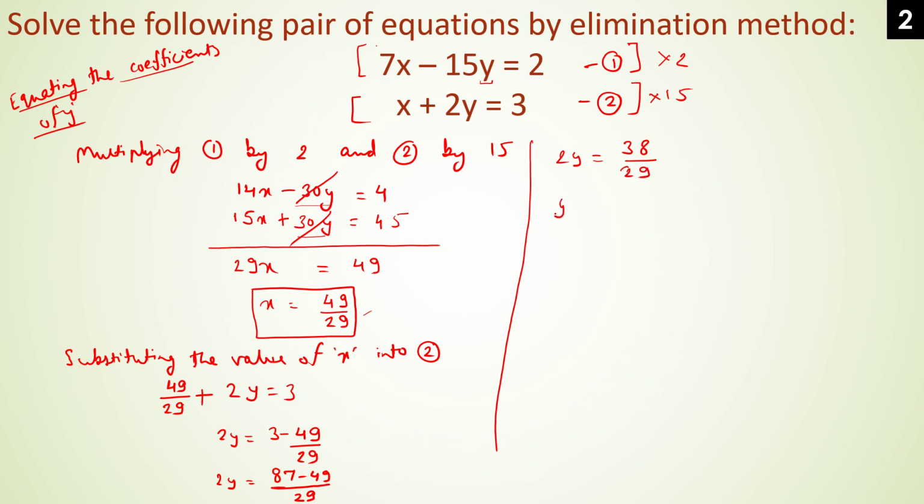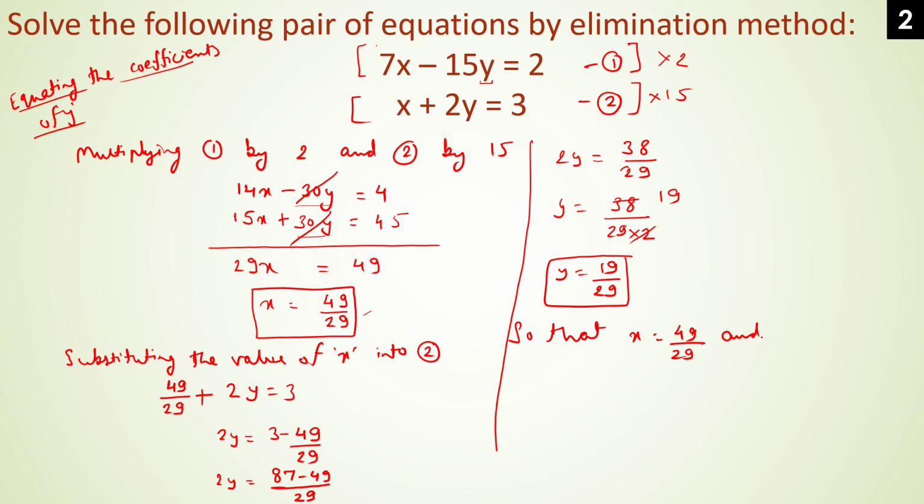So the value of y will become 38 by 29 into 2, which is 19 by 29. So x equals 49 by 29 and y equals 19 by 29. That is the answer.